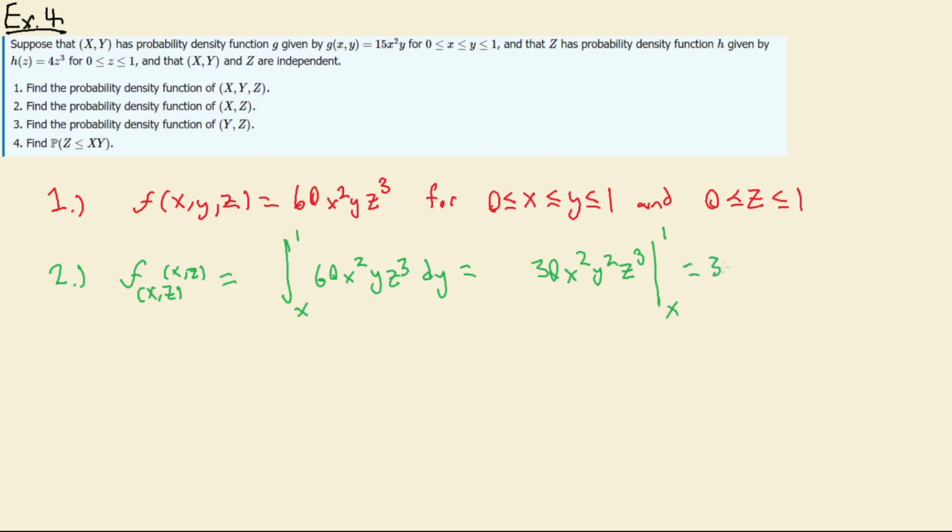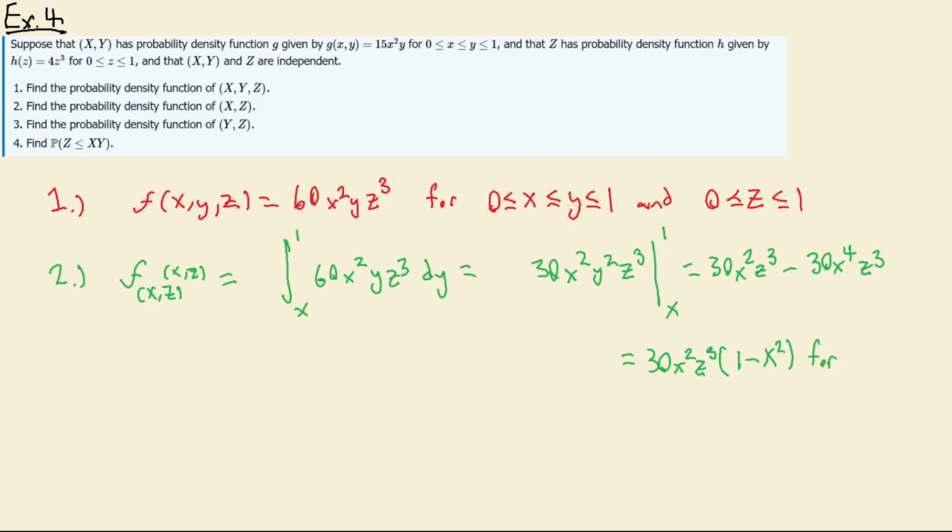We'll just get 30 x squared z cubed minus, and then here we would get 30 x to the 4th z cubed as well. And so we could factor out a 30 x squared z cubed, and we get 30 x squared z cubed multiplied by 1 minus x squared.